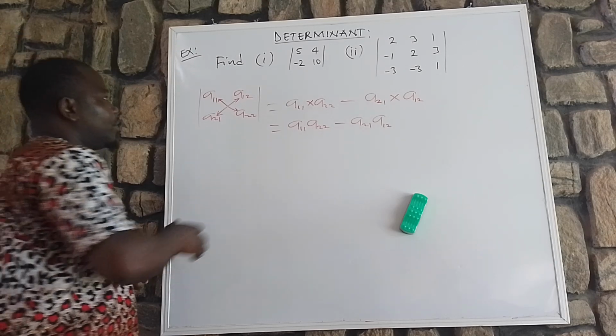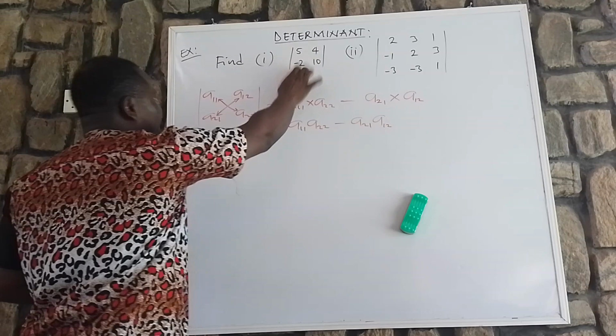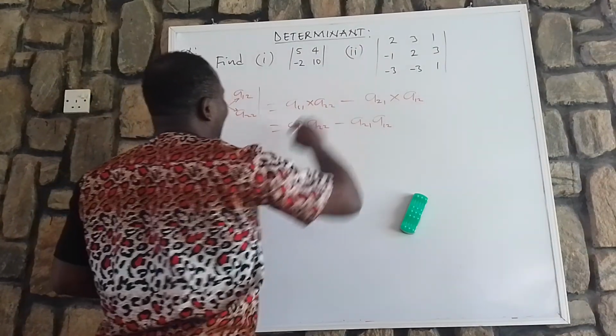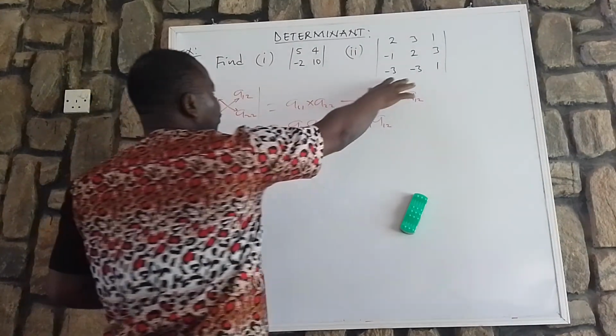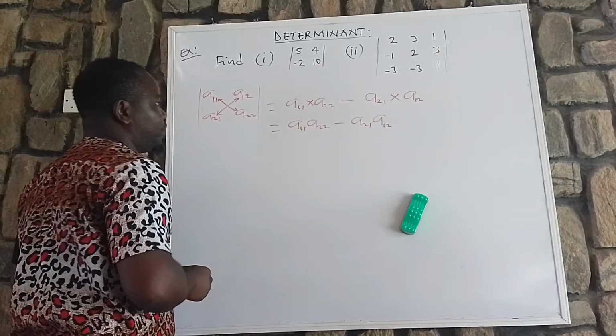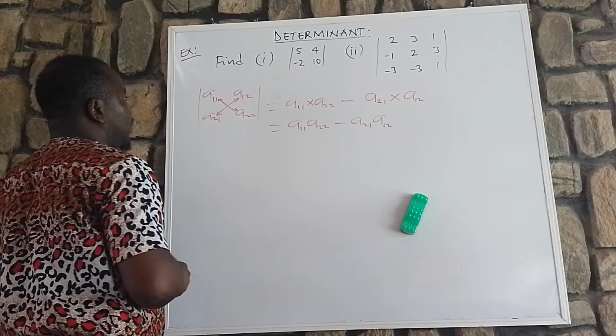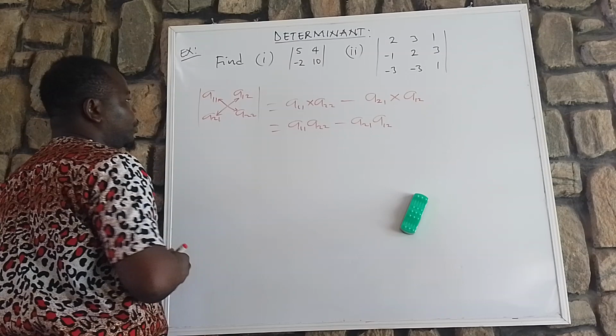So now we are going to apply the same method to this one, although this one is a little bit different. Is that clear? But I'm going to show you.